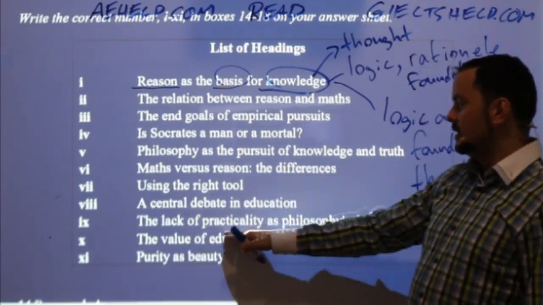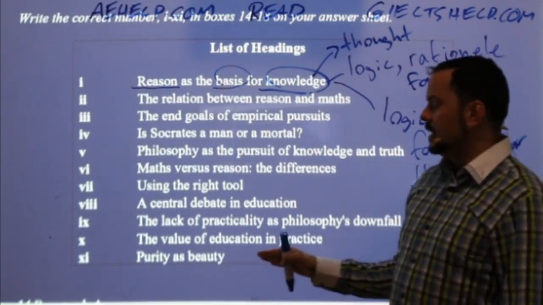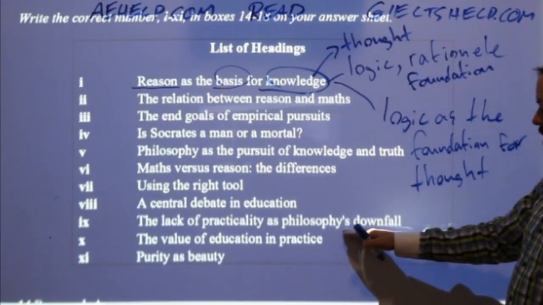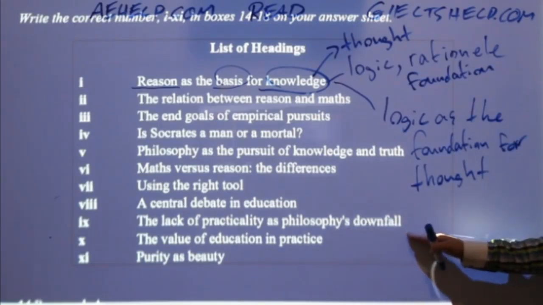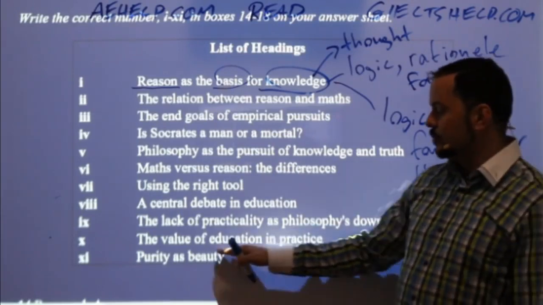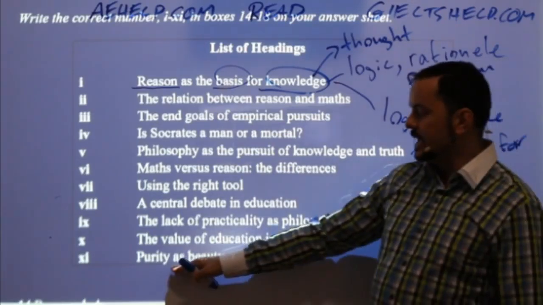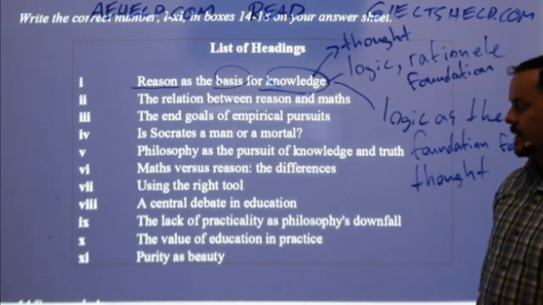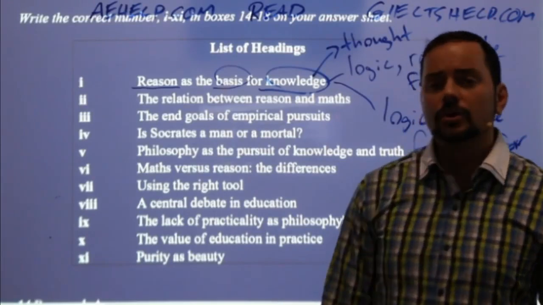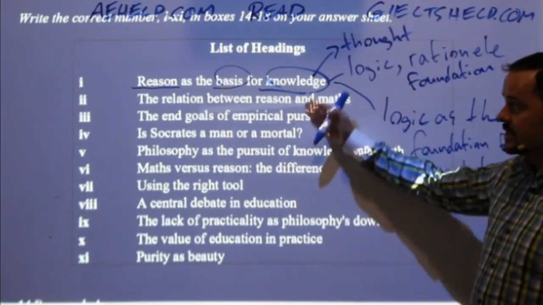Okay, the lack of practicality as philosophy's downfall, the inadequacy of rationale as the negative of philosophy, the value of education in practice, the worth of pedagogy in use, purity as beauty, purity as aesthetic.